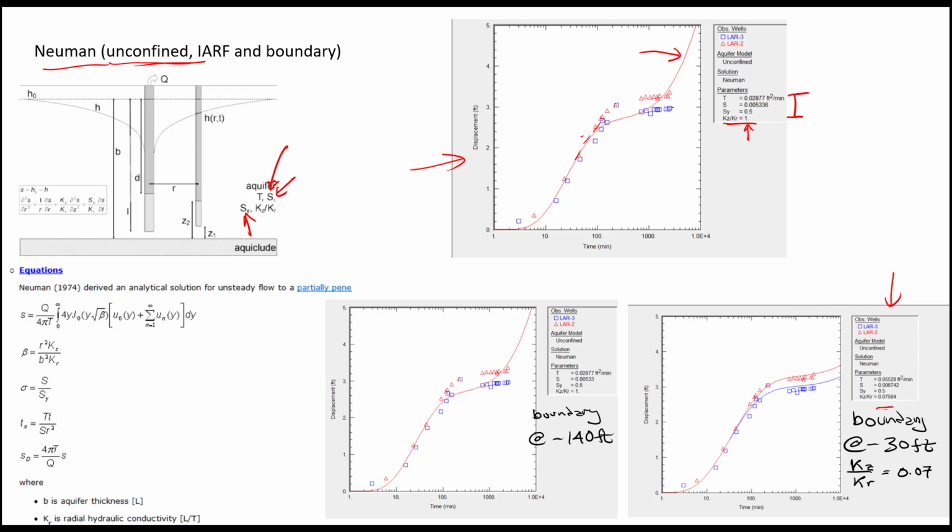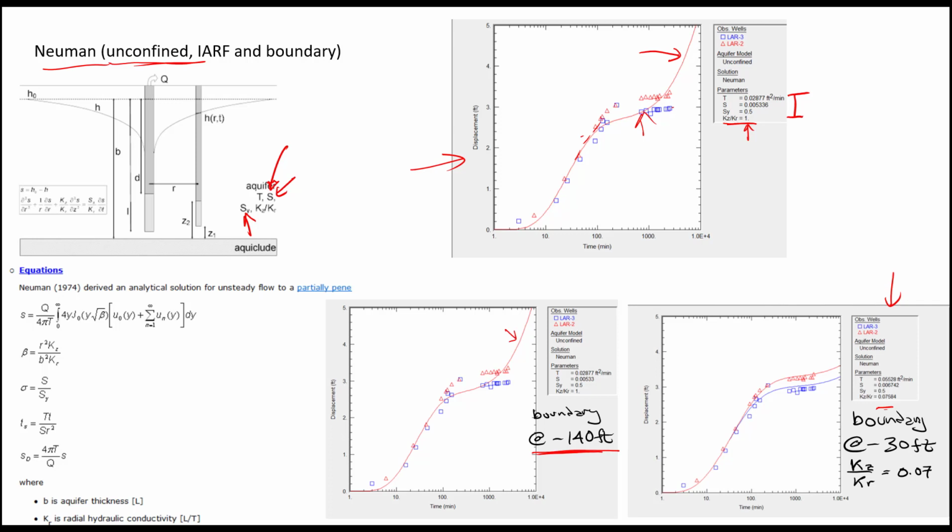And let's then introduce the boundary. So in this case down here, I put a boundary at 140 feet. And you can see that there's really not much difference. And so what I conclude from that is that the boundary at 140 feet is just really too far away to have an effect for this unconfined case.